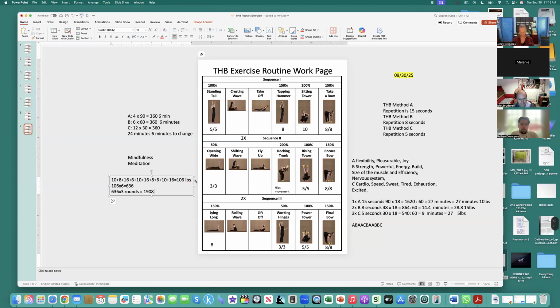Yeah. Yep. All right. So that's the whole poundage that a person can lift during the whole session of lifting. So almost 2,000 pounds, right? So that can justify calculating.